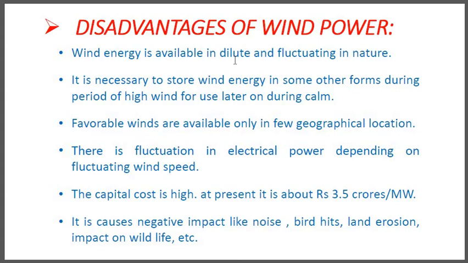The capital cost is high at present. It is about rupees 3.5 crores per megawatt. So this cost is very high, 3.5 crores per megawatt during installation, but its running cost is very less.